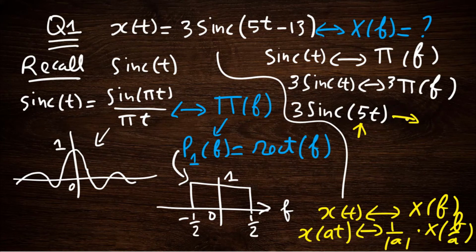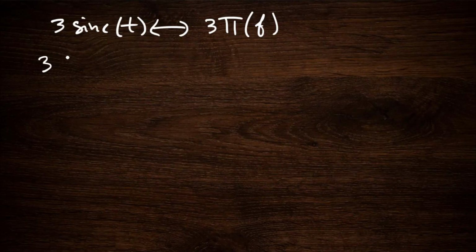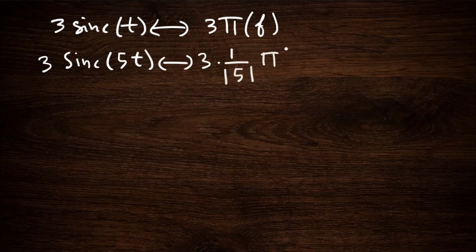So the Fourier transform of 3 sinc of 5t is 3 times 1 over the absolute value of 5, which is 5, times the Fourier transform of 3 sinc of t, which is 3 pi of f. Thus the Fourier transform of 3 sinc of 5t is 3 times 1 over absolute of 5 times pi of f over 5.